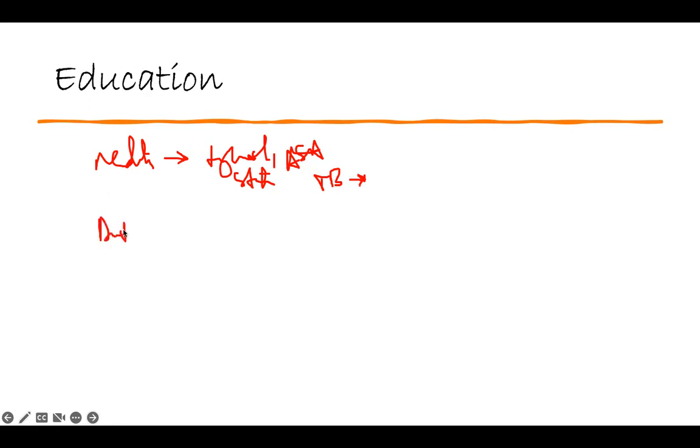Their diet, they need to have a low sodium diet. They should not strictly avoid protein. No, they need some protein, so don't tell them not to eat any protein. They shouldn't restrict protein completely. They need a high calorie diet because they need some energy.